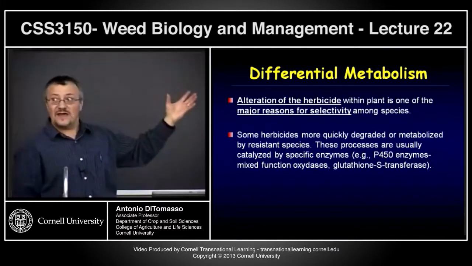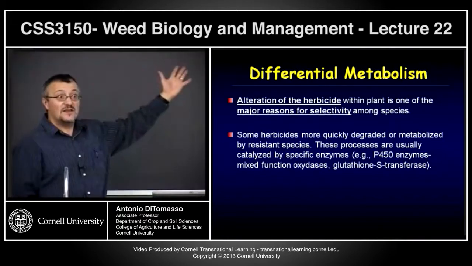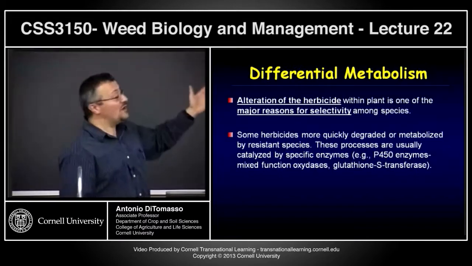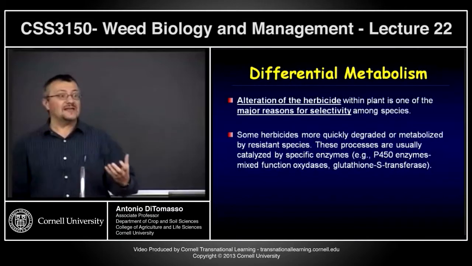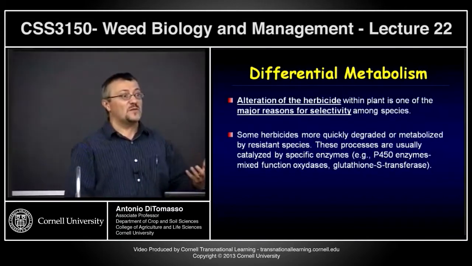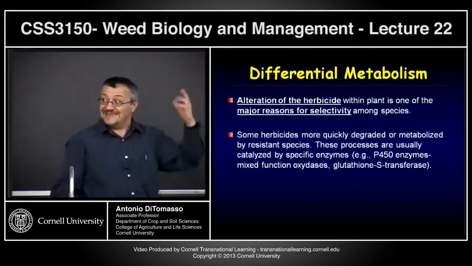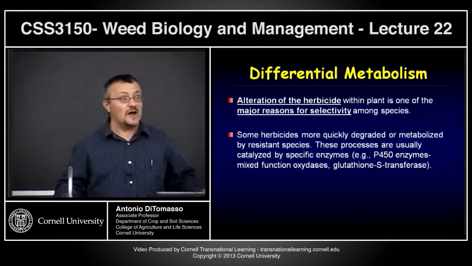But the last slide we talked about is this: really the major reason why we have selectivity is that tolerant plants, or plants that are not negatively affected by the herbicide, are able to metabolize or detoxify the herbicide into components that are non-toxic.